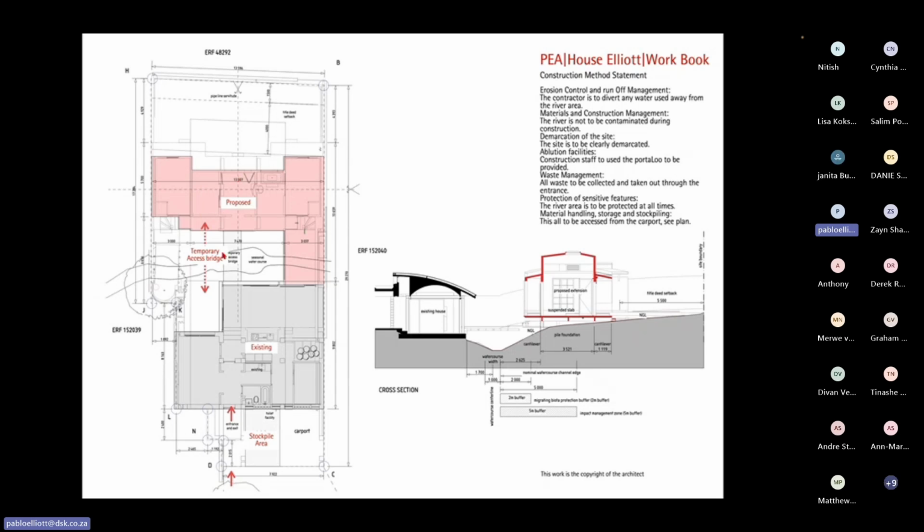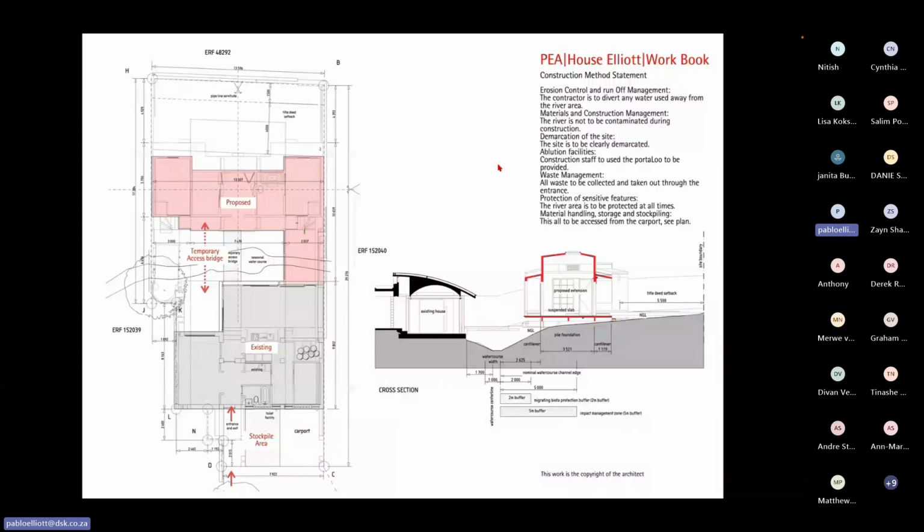Once that was done, we brought in the glulam beams, and then all the panels had to be lifted over the existing house onto the new site with a crane, an enormous 90-meter crane.